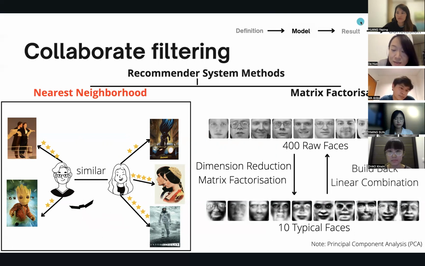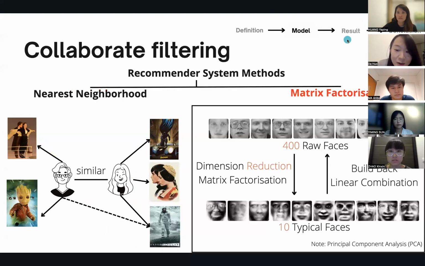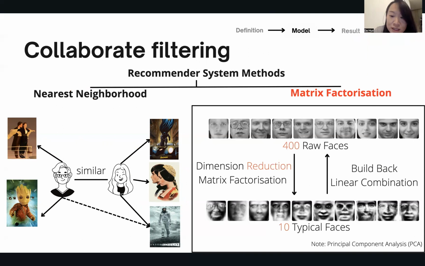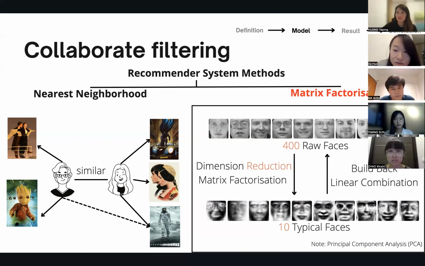Since sparsity is the biggest challenge for the nearest neighbor method, here comes a more advanced method that decomposes the original sparse matrix into low dimensional matrices, where latent factors and features have less sparsity. The advanced method is matrix factorization. Let us see an interesting application of matrix factorization.